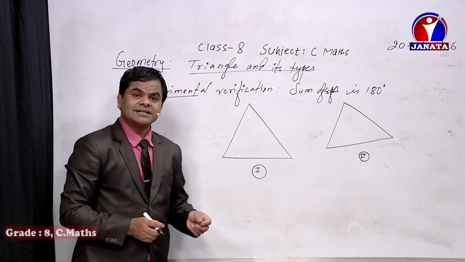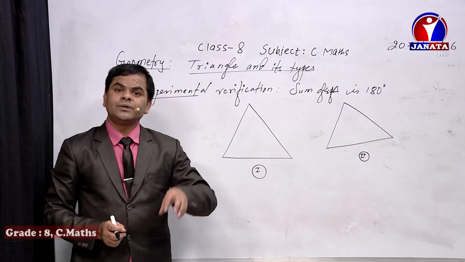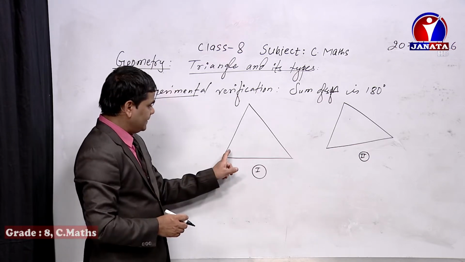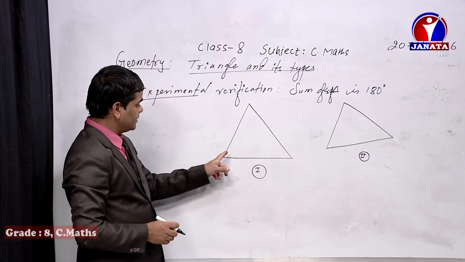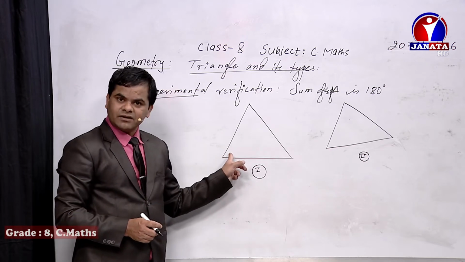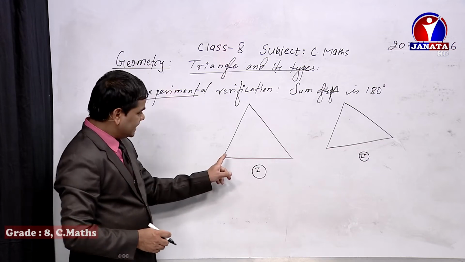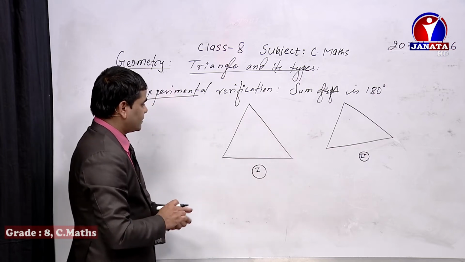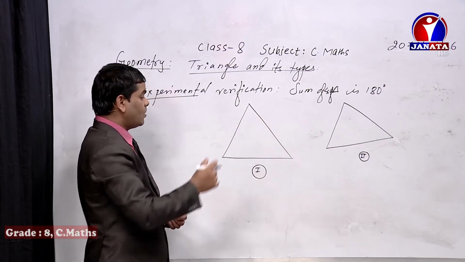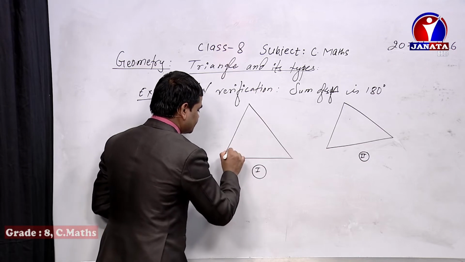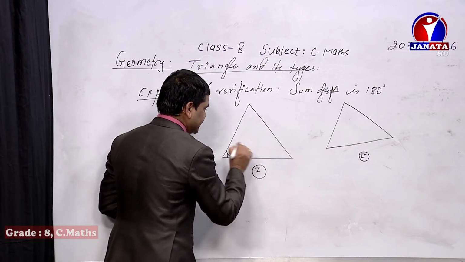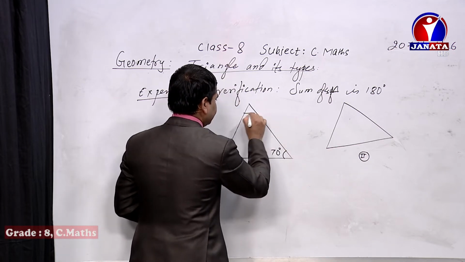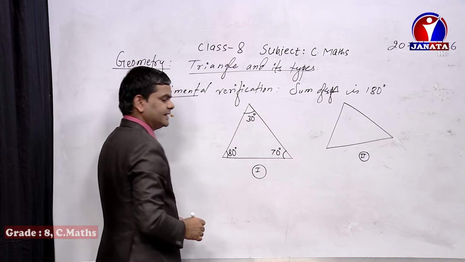And then, dear students, it is the turn of using the protractor. Measure the angles very carefully. In class 7 you have learned how to measure angles by using a protractor. Use it, and measure this angle, this angle, and this angle. All together you will get the sum of the angles as, for example, 80 degrees, let's say 70 degrees, and this one 30 degrees.